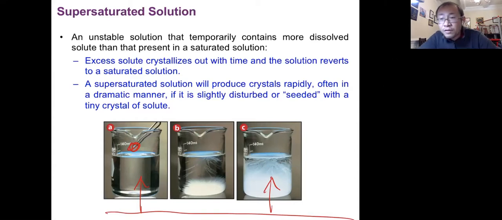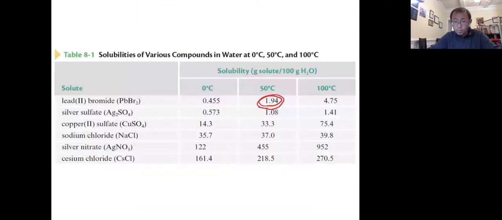Now, question for one of you, Kaylin. We have talked about saturated solution. We talked about supersaturated solution. Let's go back to this example again, the one I put a circle on. Let's say at 50 degrees, 100 grams of water, I only have 1 gram of solute dissolved. What do you think that solution is called?